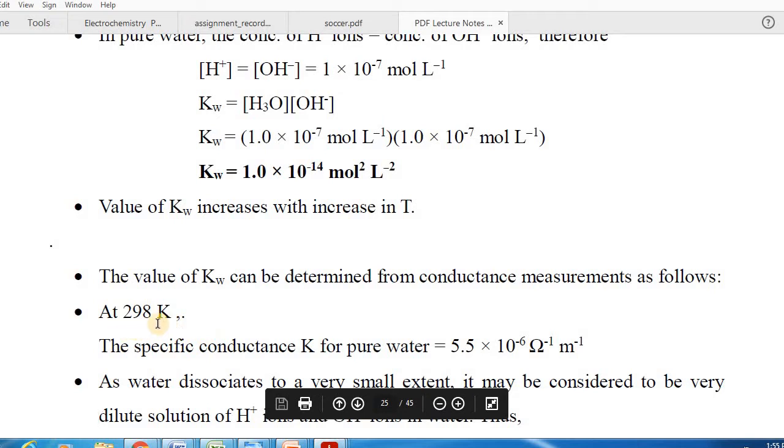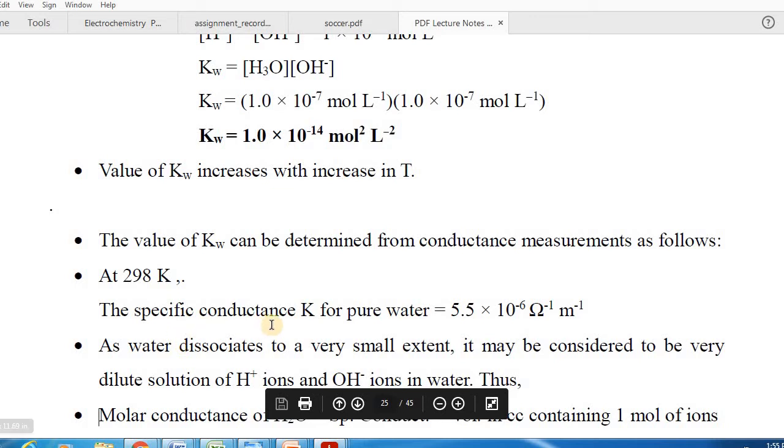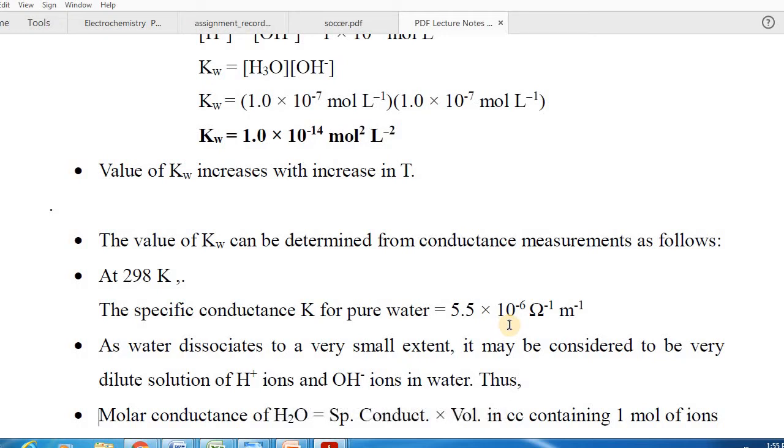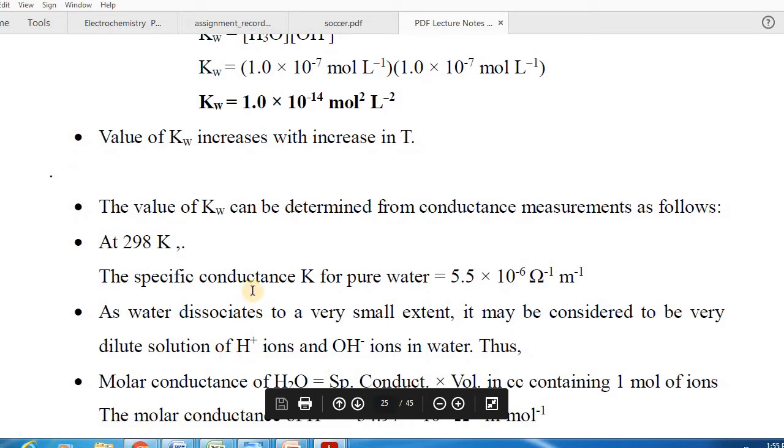At 25 degrees Celsius or 298 Kelvin, it has been found experimentally the specific conductance of pure water is equal to 5.5 into 10 raised to power minus 6 per ohm per meter. Now, as water is dissociating to a very small extent, it may be considered to be a very dilute solution of H plus and OH minus ions in water.